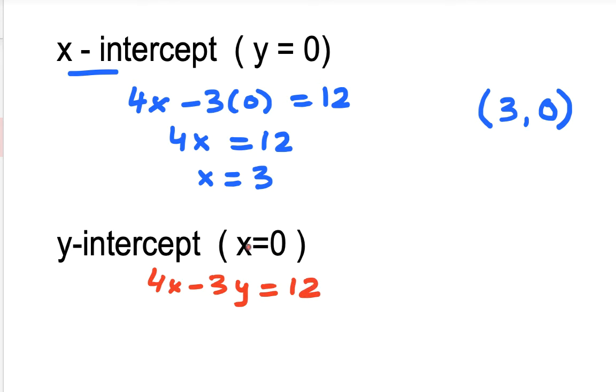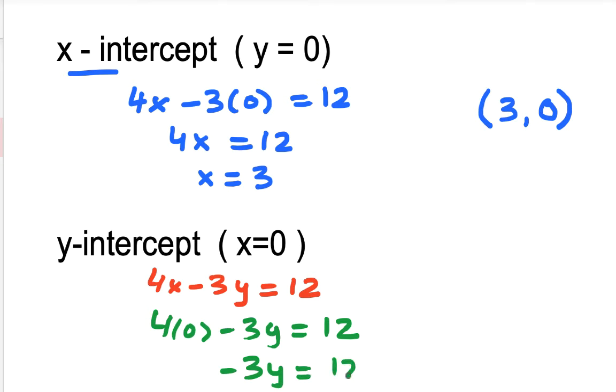To find the y-intercept, remember we're going to put x to be 0. So when we solve this one, we will have 4 times 0 minus 3y equals 12. Or we get minus 3y equals 12.